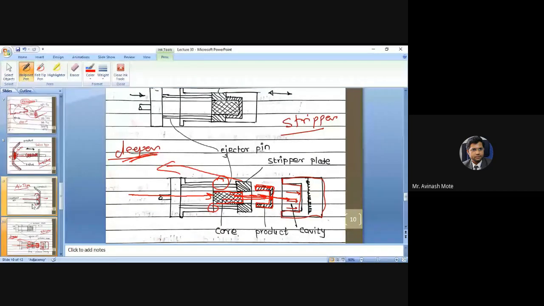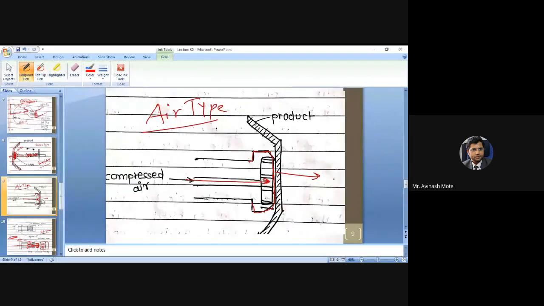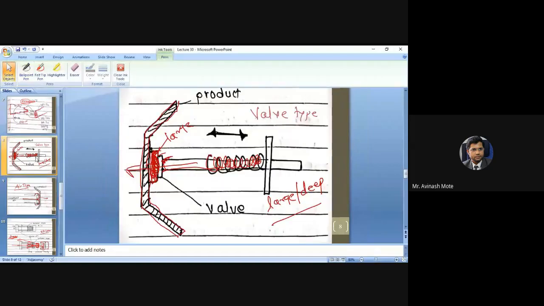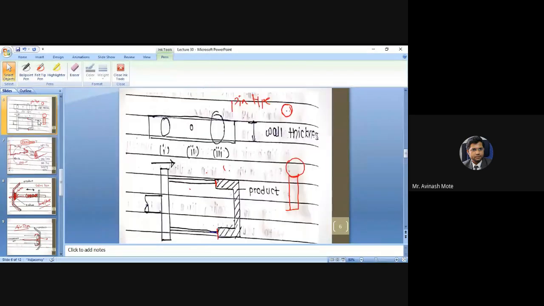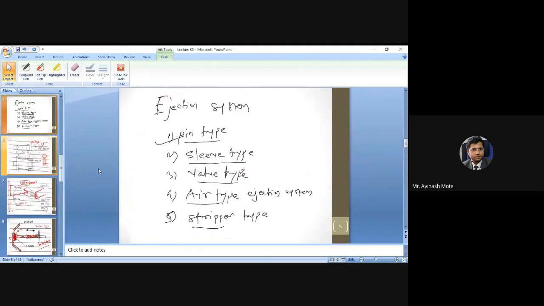So these are the ejection systems. This is stripper type, this is air type, this is the wall type, then sleeve type when you have a hollow component, and this is the pin type. Okay, so basically there are 5 types of ejection system: pin type, sleeve type, wall type, air type, and stripper type.